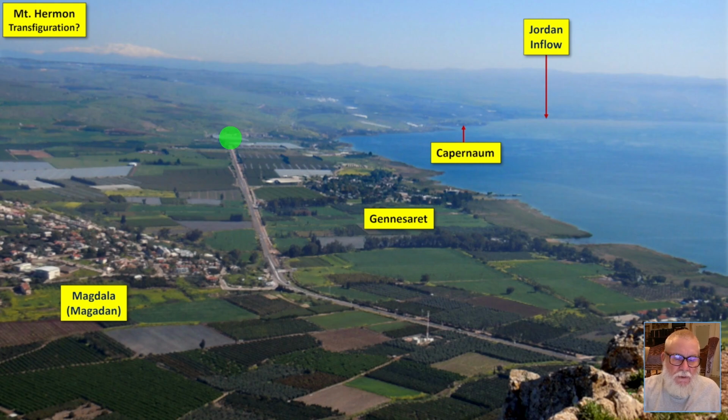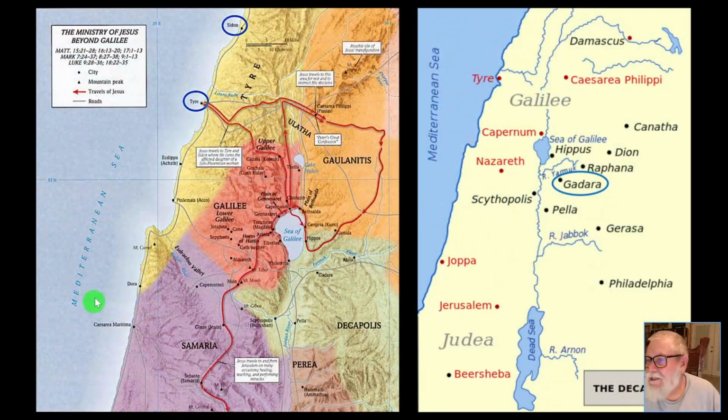So just continuing on here, the Bible mentions the Decapolis, and we need to take just a brief look at what that means. Now, the word Decapolis is used in two ways. It's used to refer to a general area or region, you can see, called Decapolis here.